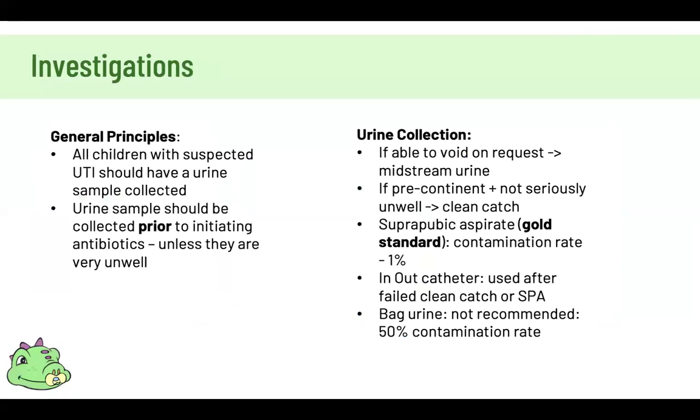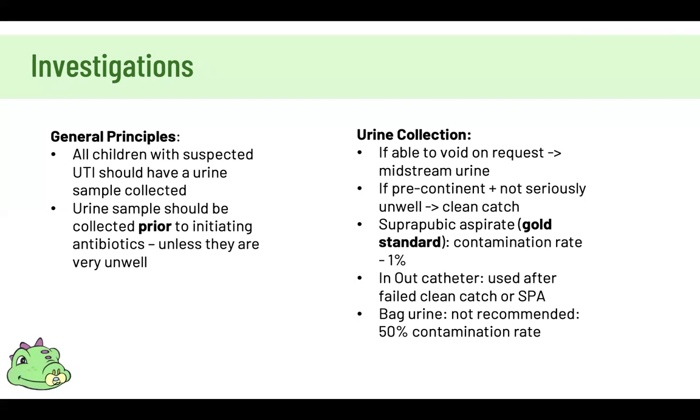Moving on to investigations. So the general principle of investigating UTIs is that all children with a suspected UTI should have a urine sample collected. And we'll talk about the different types of urine samples in a second. This urine sample should be ideally collected prior to starting antibiotics to increase the likelihood of growing a bug on the urine MCS.